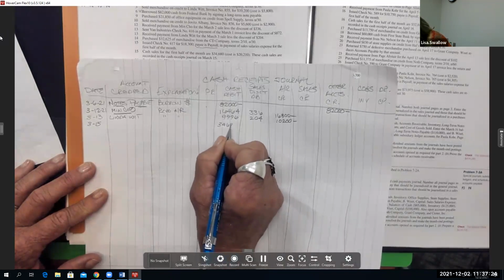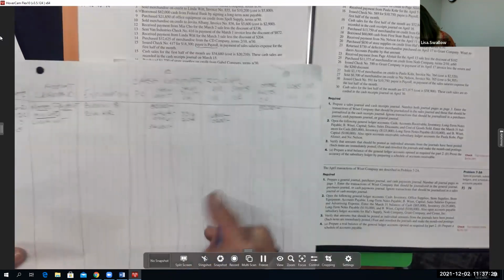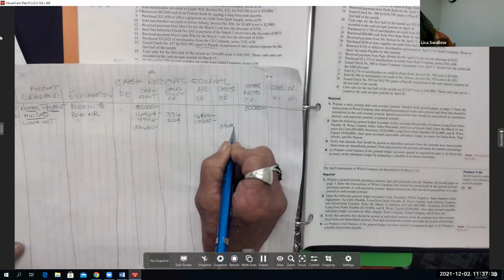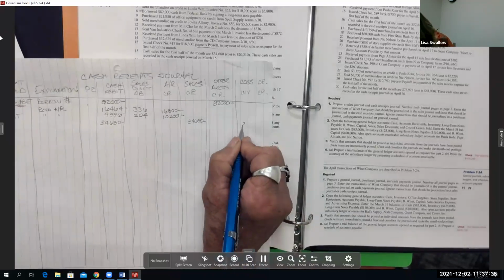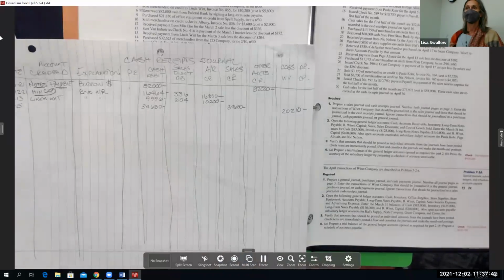Okay, debit cash. No. No. You're safe, once you've found the right journal, you're safe journalizing the whole transaction in it. Go ahead.